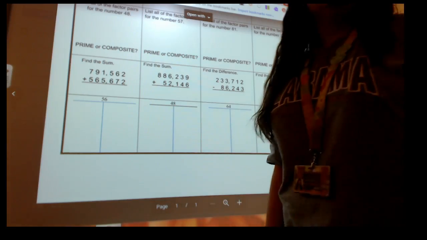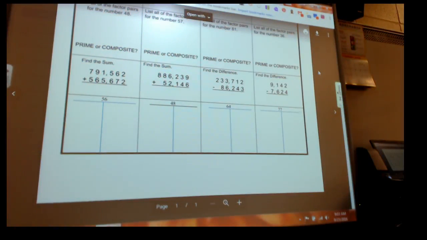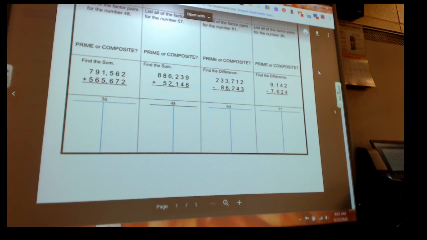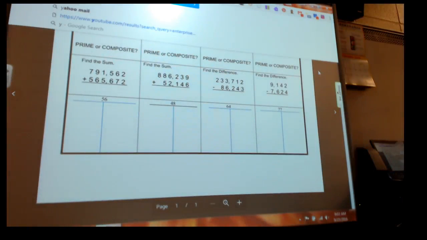And I want you to get out your math journal. Table of contents. Leo, click in.